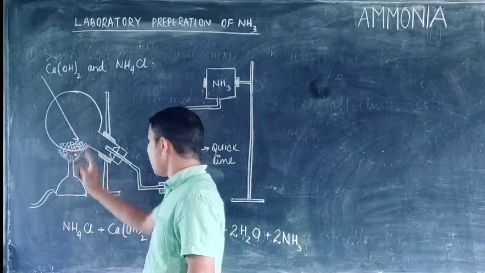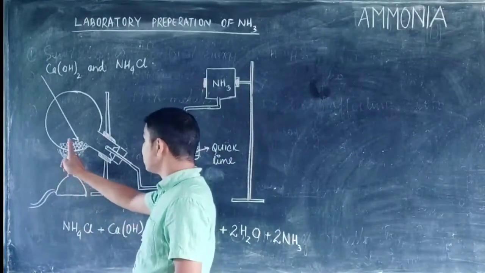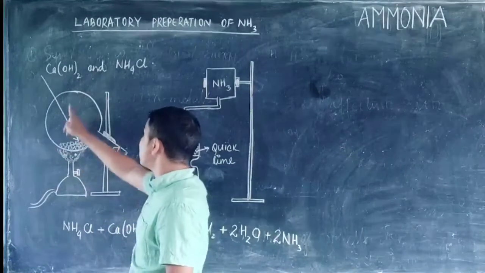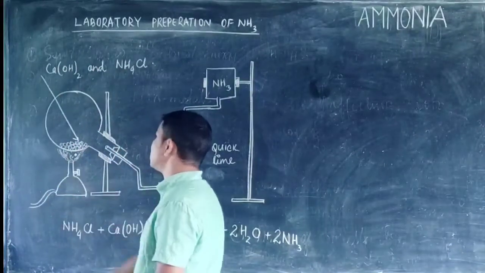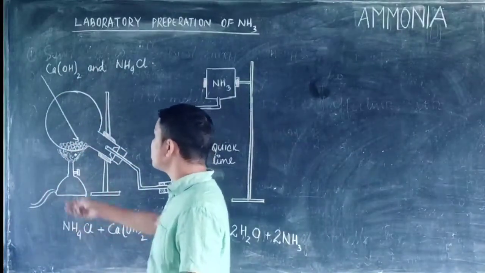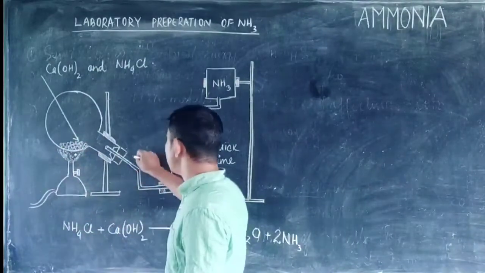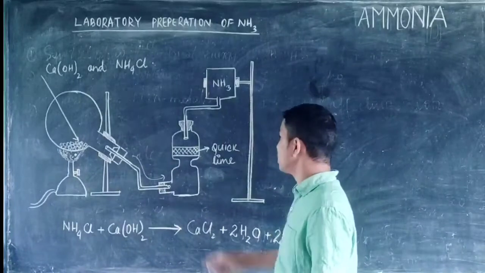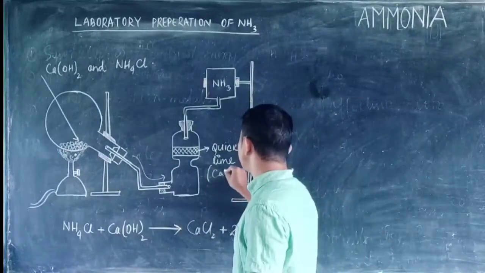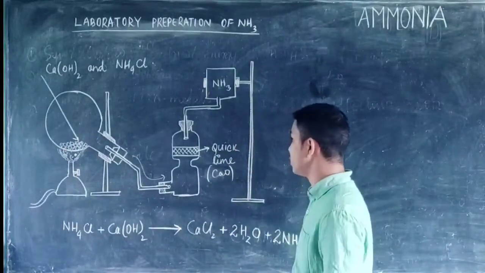Okay, so in the round bottom flask, a mixture of calcium hydroxide and ammonium chloride is taken and then heated. When heated, it liberates moist ammonia gas. This moist ammonia gas is passed through a drying tower that contains quicklime, which is also calcium oxide.